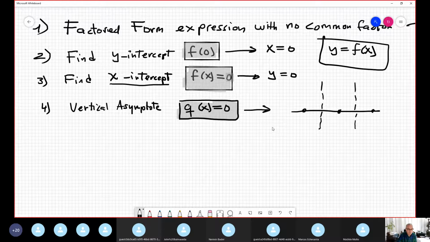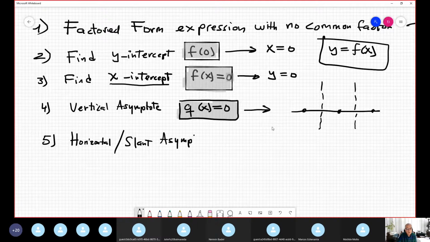Okay, number 5 is determine the horizontal or slant asymptote. What is the reason, professor, you put these two asymptotes in one step? Because they are mutually exclusive. If we have horizontal, we have no slant, and if we have a slant, we have no horizontal.